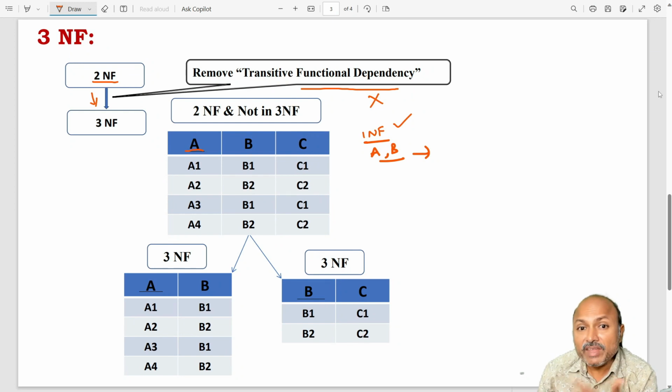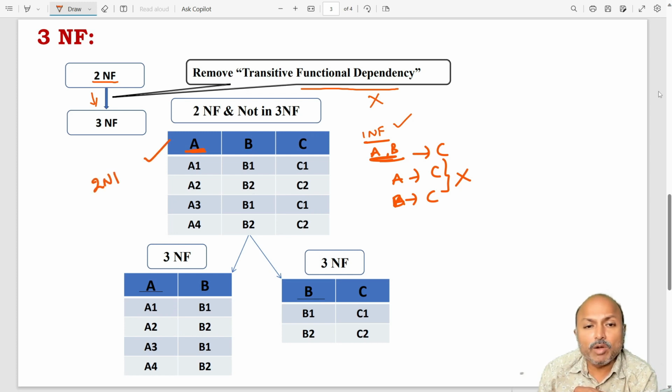Suppose AB arrow C, then we need to check A arrow C and B arrow C. If it is only one attribute, no need to check. So whenever there is one attribute as the primary key, the table is already in second normal form.